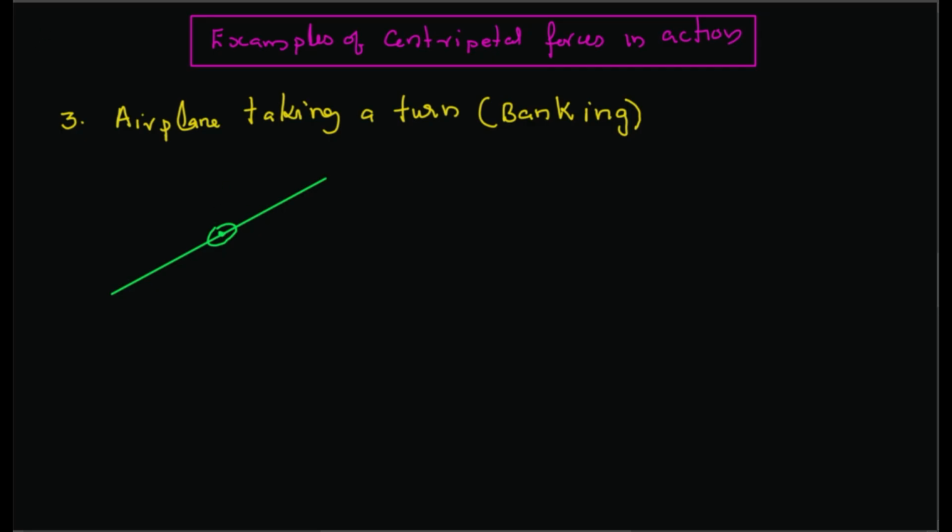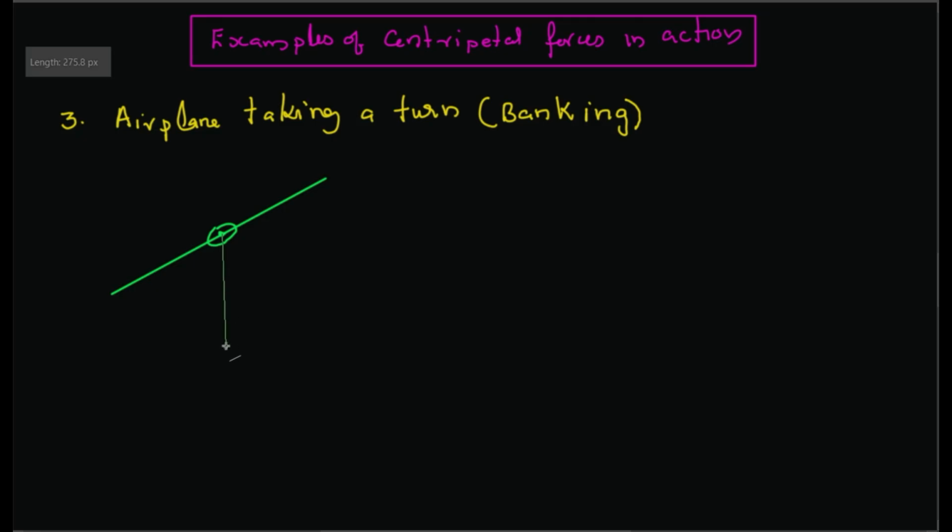Now the first force that acts, obviously, is the weight of the airplane acting downwards. Let's mark all the forces with a different color. So here we have the weight of the airplane acting downward.